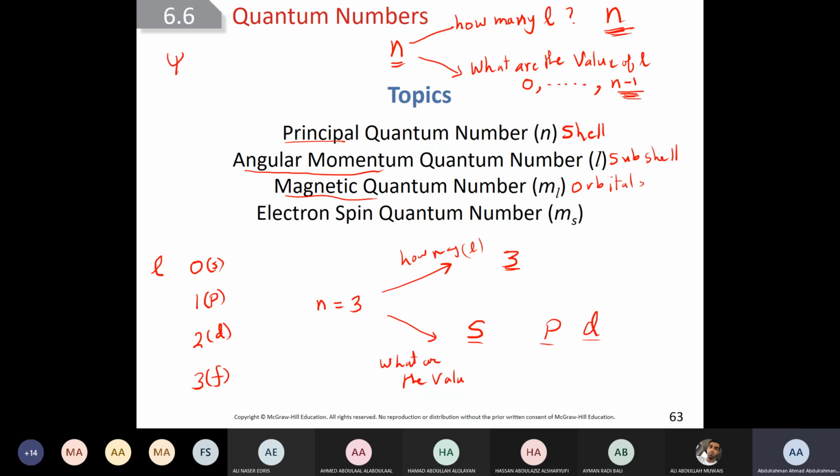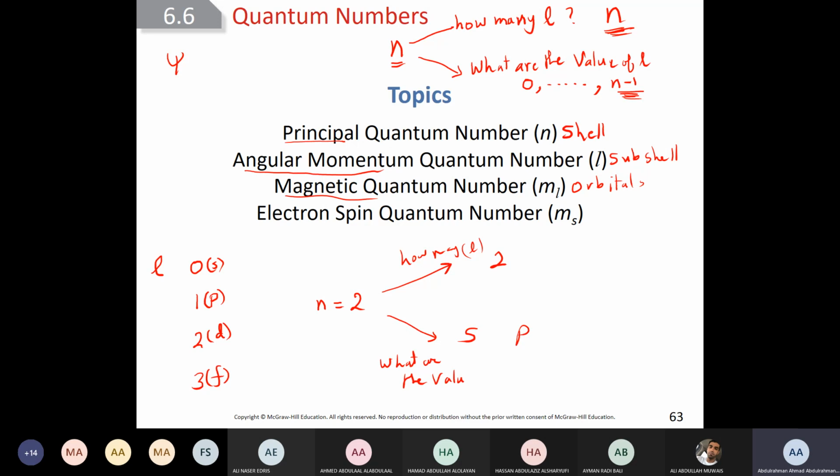How about if we have only 2? Of course, when I say I have only 2, how many solutions? 2 solutions. What are these solutions? S and P only.